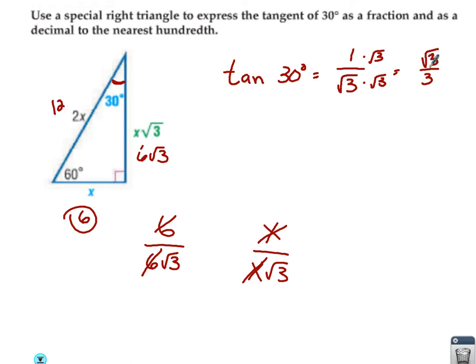And on top you have root 3. So no matter what numbers you use, whether it be 5 and 5 root 3, 4 and 4 root 3, 2 and 2 root 3, the numbers always cancel and leave you with 1 over root 3, which is always root 3 over 3. So the tangent of 30 will always be root 3 over 3.